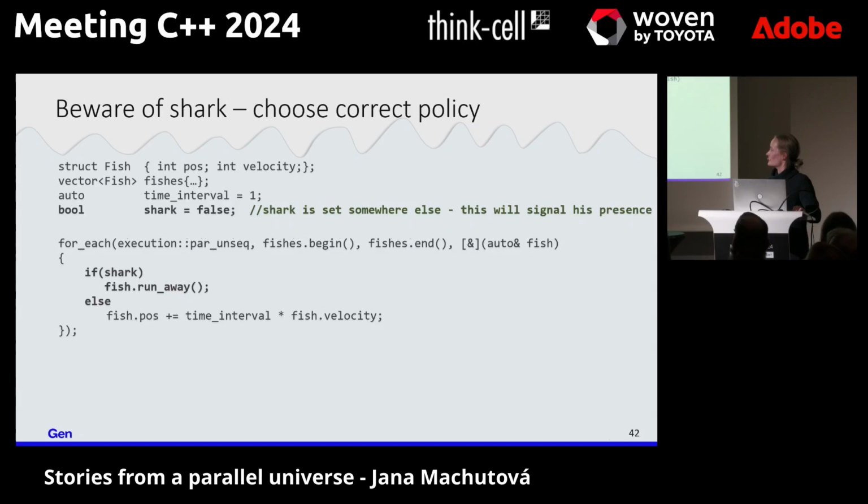No. Is the shark a bool or an atomic bool? If you want to parallelize, you have to change it. So yes, you can make this happen in par, but you have to make it atomic. Exactly. If you have an atomic shark, you can go for par, never for par_unseq.